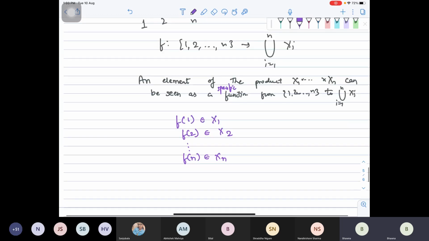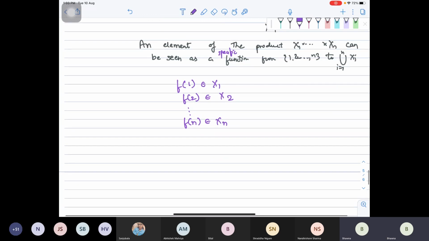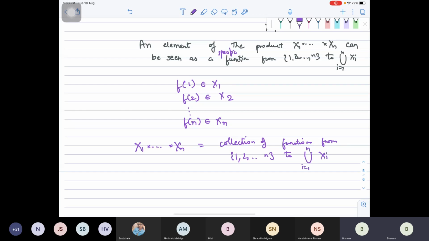So in this way, I can see x1 to xn to be the collection of functions from 1 to n to union of xi, i from 1 to n, such that f of i is in capital Xi for all i.